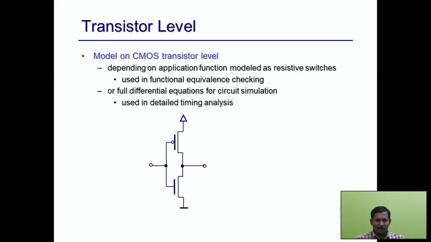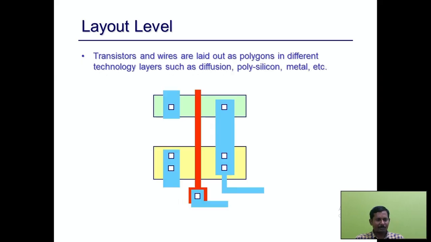This narrow level we can fix based on the available library files. Next, layout level. In this level, we go further in depth. It means which kind of wire connections, which kind of diffusions, which kind of metals, which kind of polysilicon we are going to utilize to construct the chip.